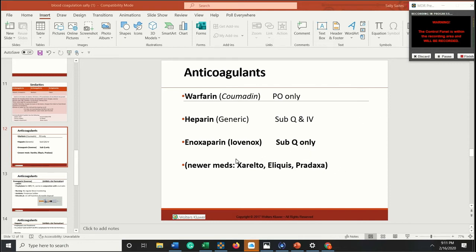Some newer medications are Xarelto, Eliquis, and Pradaxa. These are excellent medications, more in the Coumadin warfarin family. And there are fewer side effects, less problematic for patients, because with Coumadin they have to go in and get blood checks usually every week.